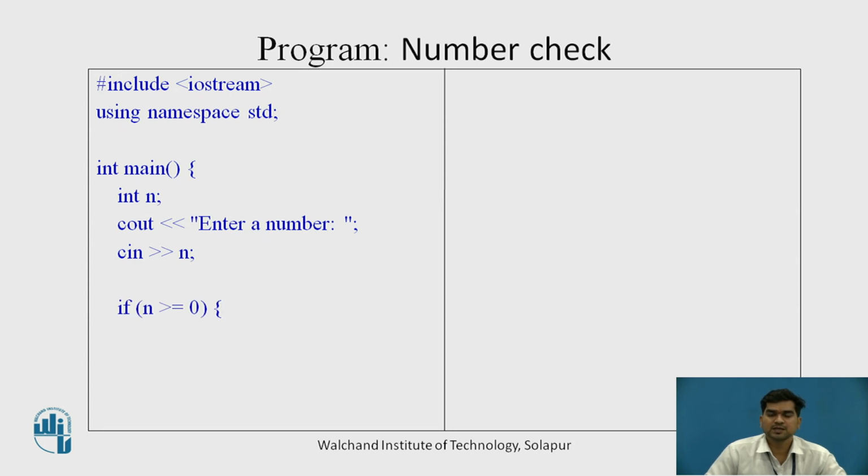If n is greater than or equal to 0, and inside that, if it is satisfied, then I need to provide another condition. If n modulus 2 equals 0, then I get the output that it is positive and even. If both conditions are satisfied, then I get the display as a positive and even number.